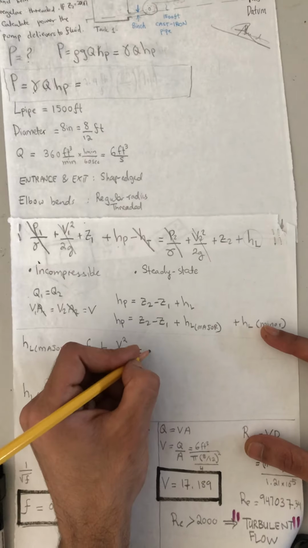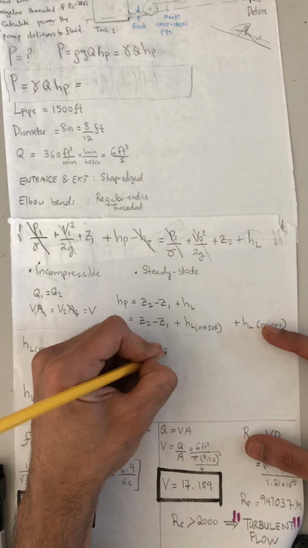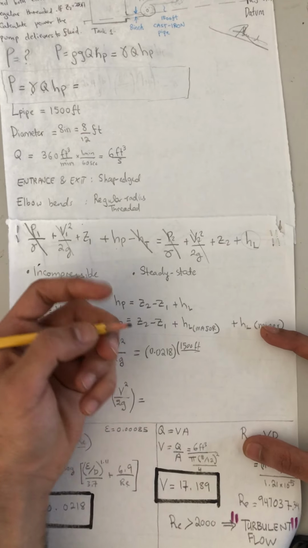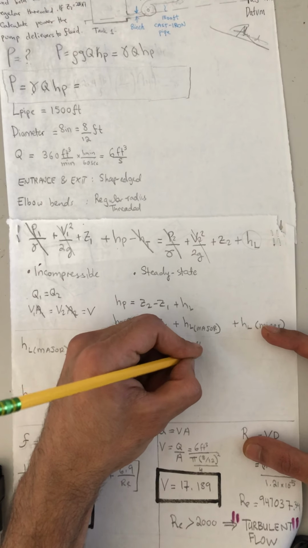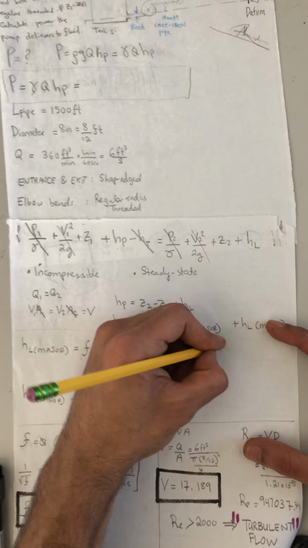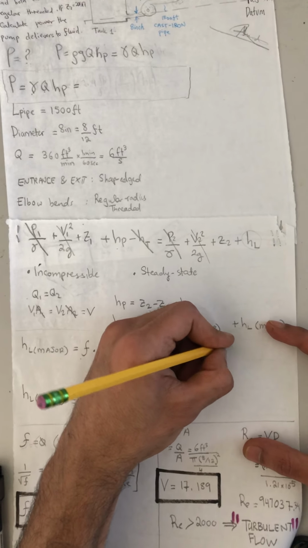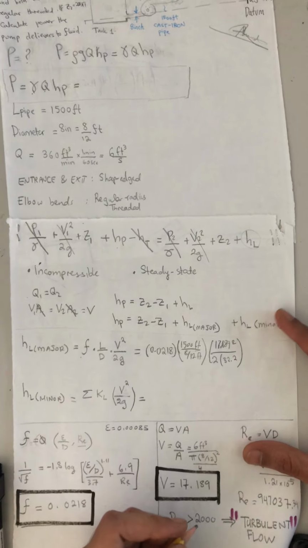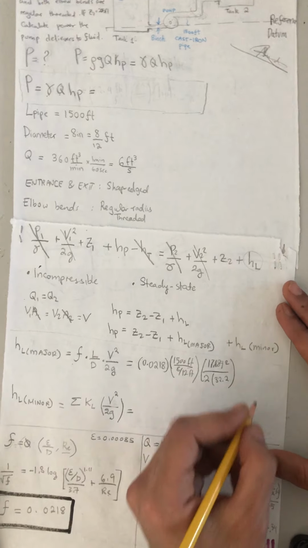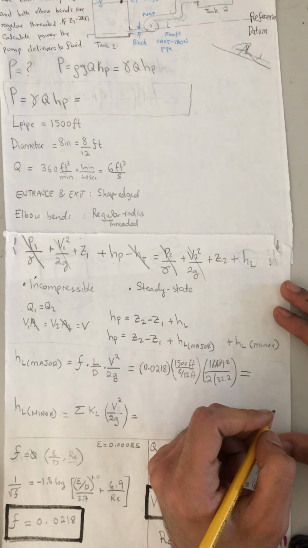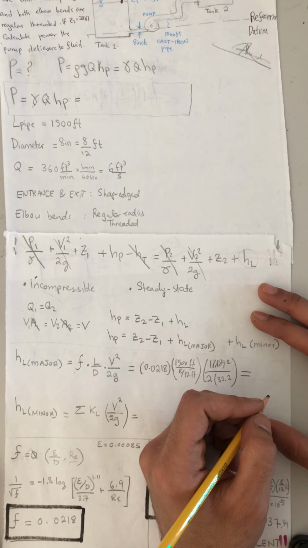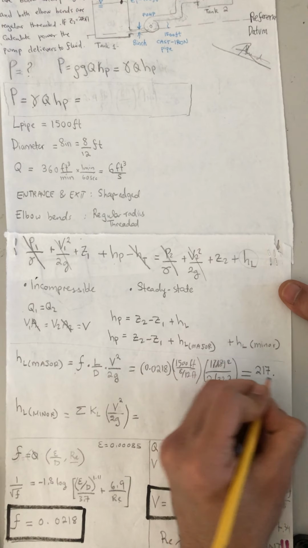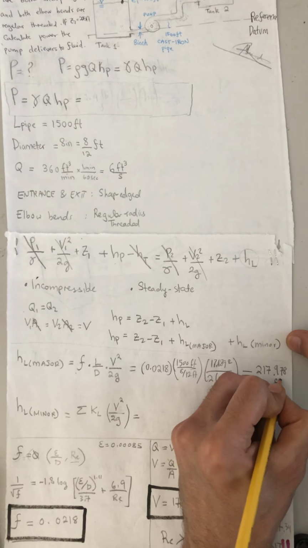Plugging in our values, velocity squared over 2 times 32.2. My major head loss comes out to be 217.978 feet.